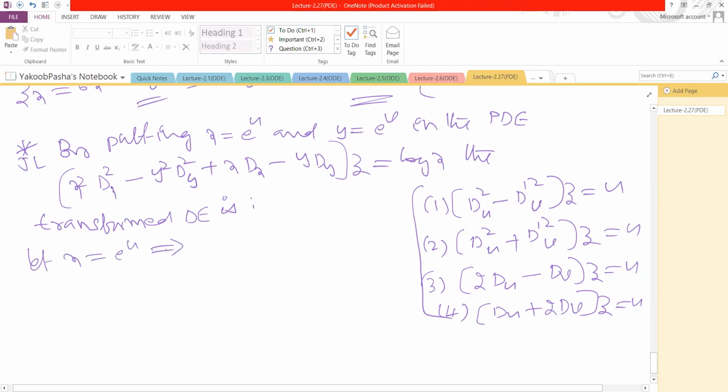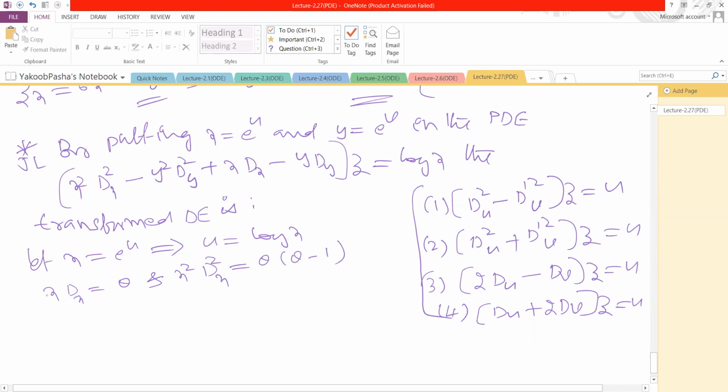As we know that it is a Cauchy-Euler equation, so we can write u is equal to log x. And x into dx is theta, and x square d square x is equal to theta into theta minus 1.